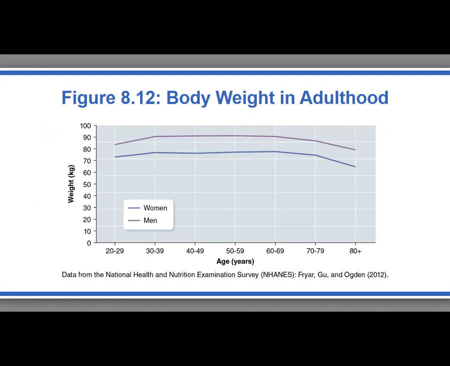So this is data from the NHANES, and this shows men and women in their 20s, 30s, 40s, 50s, 60s, 70s on up. So from 20 to 29, you see the most rapid increase in weight.